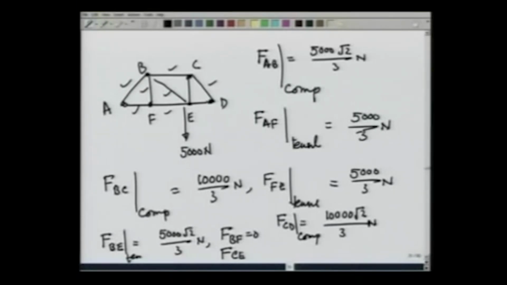FCE came out to be, we just calculated this, 10,000 over 3 newtons tensile, and FED came out to be 10,000 over 3 newtons tensile. You can go back and check these answers yourself.